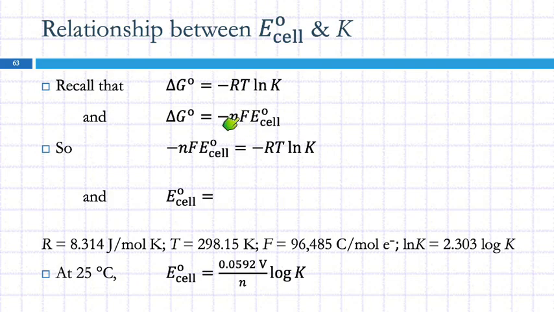So these two things then must be equal to each other, right? And so we can cancel those out. We're trying to get the cell potential by itself, so we're going to divide by N and F. We're going to end up with RT over NF times the natural log of the equilibrium constant.